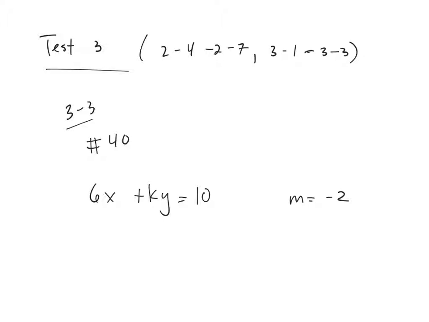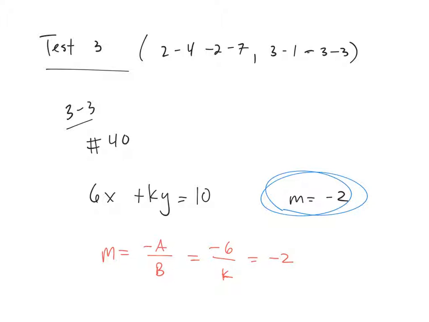For a problem like this, you can either solve for y and put in slope-intercept form, which some of you like to do, which is fine, or you can use slope equals -a over b. Since slope is equal to -a over b, I write slope equals -a over b, which equals -6 over k, which equals really -2. This is what slope is equal to. So this is my equation right here, the blue box.